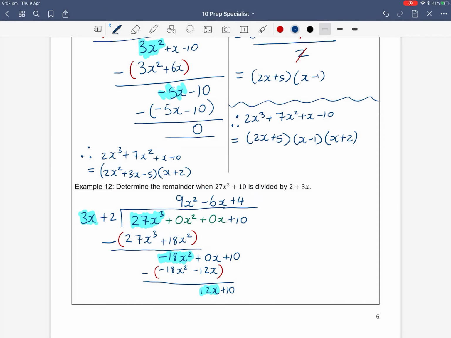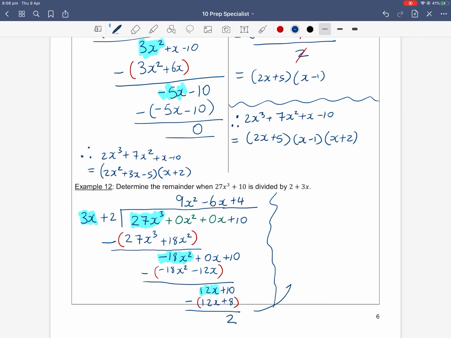So we need to multiply through the 4 with every term inside your divisor. So 4 times 3 is 12x, 4 times 2 is plus 8. Again, we need to subtract but put brackets around it because you're taking away the whole thing. So 12x minus 12x is 0, 10 minus 8 is a 2.